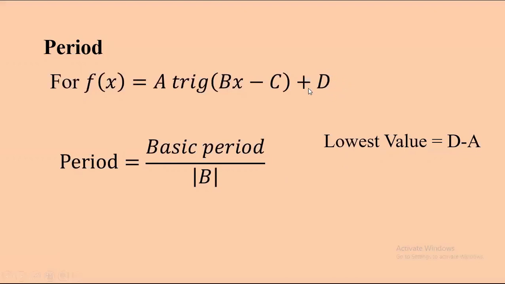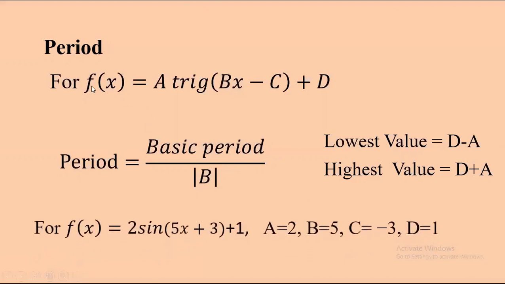That is, d is the rightmost constant, and a is the coefficient of the trigonometric function. This will be the lowest value, but not for tan and cot. This is for sine and cos. Then the highest value is d plus a. We will apply all this formula in the MCQs. You just know it now.